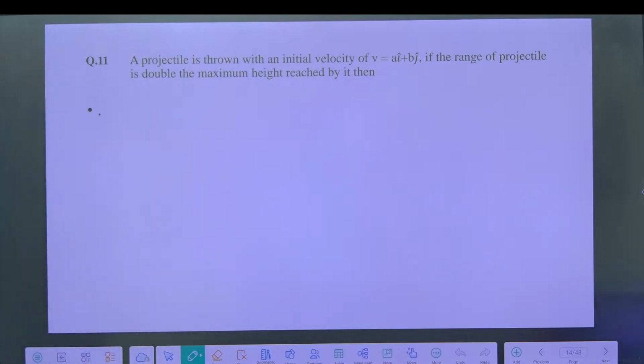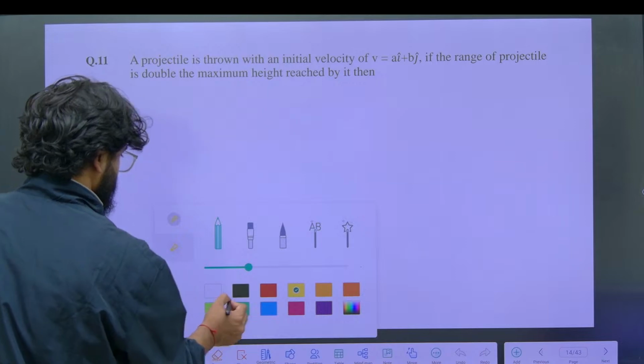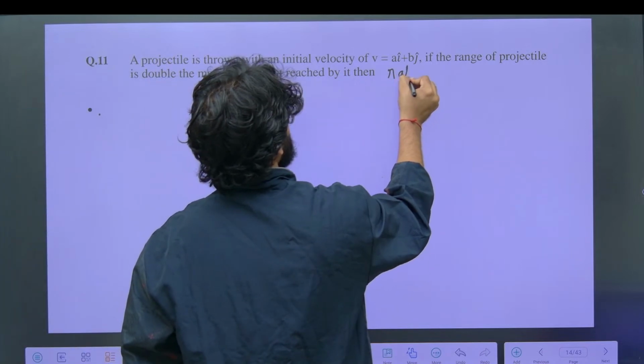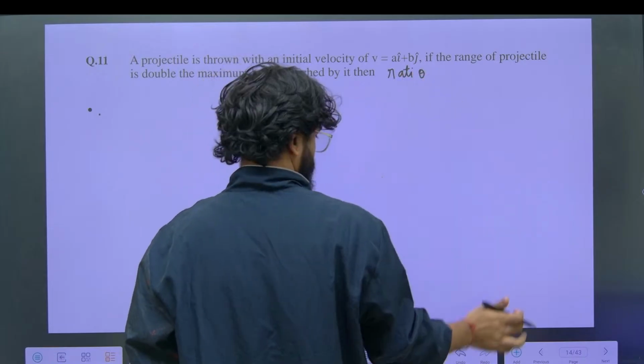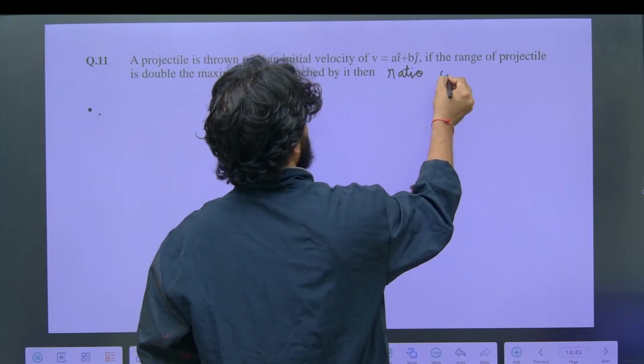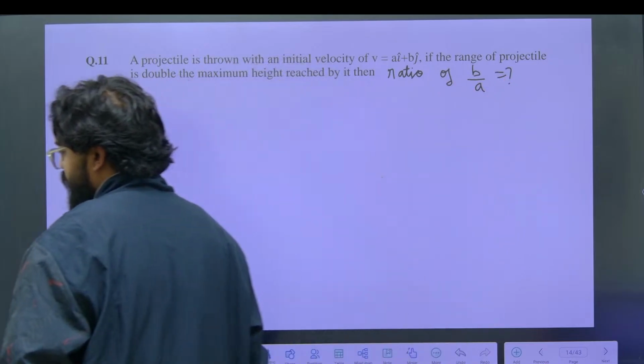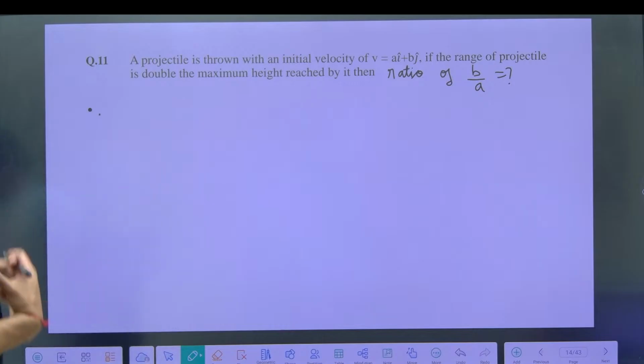So I can write down, then the ratio of B is to A. That is what we have to calculate. It is kind of a numerical question. Just give me a sec.